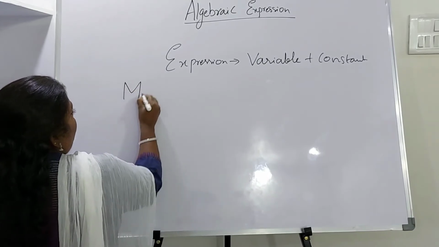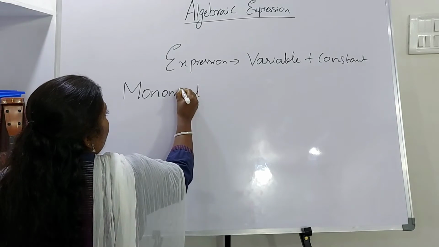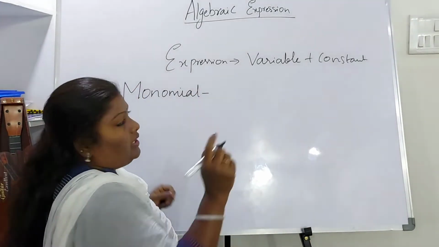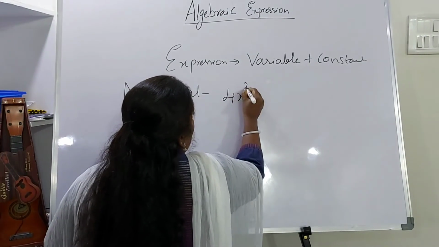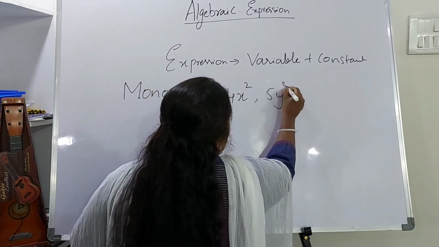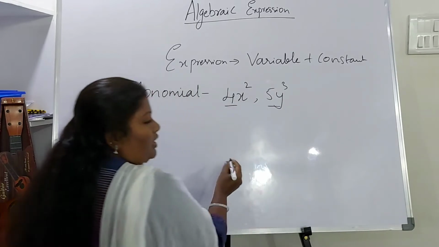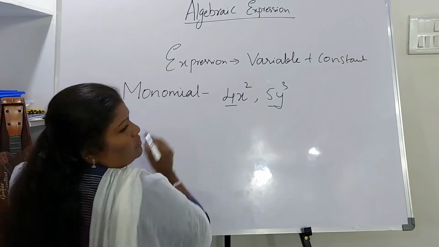Yes, monomial. Now, monomial is an expression which has only one term. For instance, 4x square or 5y cube. Yes, so here you can observe that there is only one term. So it is named as monomial.